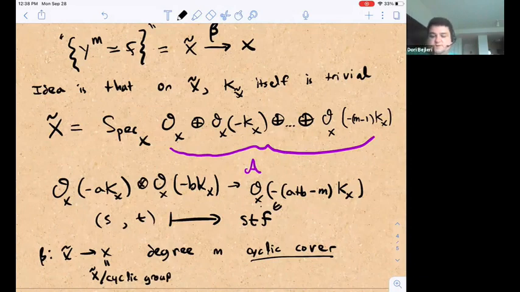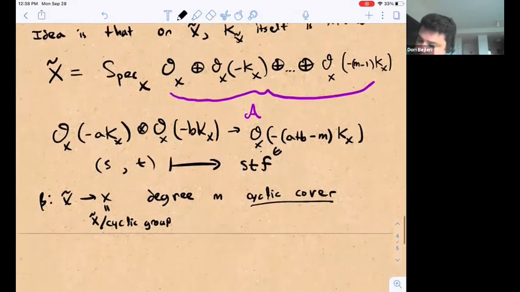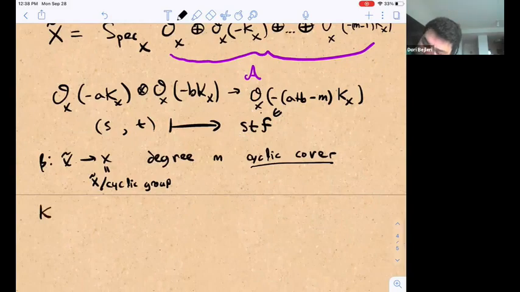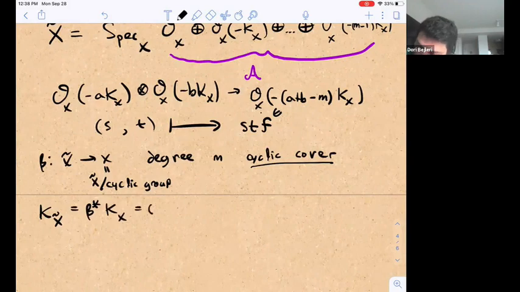So that's what we get from the cyclic cover construction, and then we can compute. We can now compute that K_X tilde is beta upper star of K_X, but it's actually just O_X tilde using this trivialization, the mth root of f.